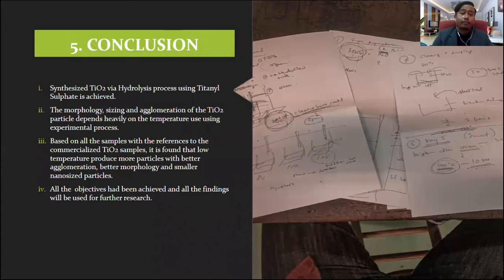And lastly, for the conclusion, the synthesis process of titanium dioxide powders via hydrolysis process using titanium sulphate as main material is achieved. And we can say that the morphology, sizing, and agglomeration of the titanium dioxide particles depend heavily on the temperature used in the experimental process.